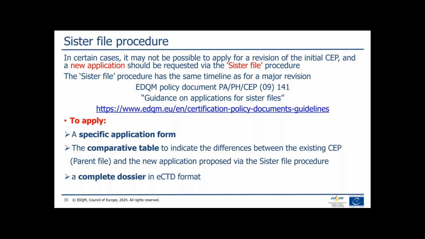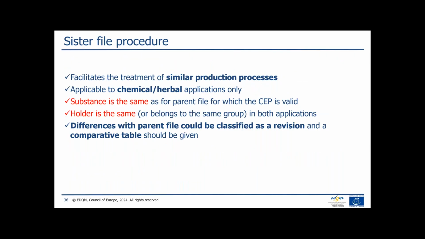There should not be, for example, a submission saying this section is the same as in the parent file. No, the references to the parent file are of course welcome, but the sister file should have a new set of all information applicable to the sister file.